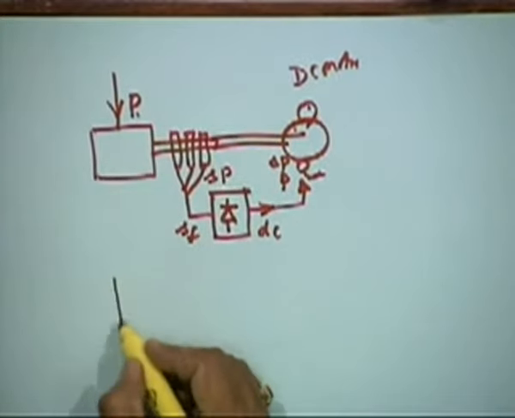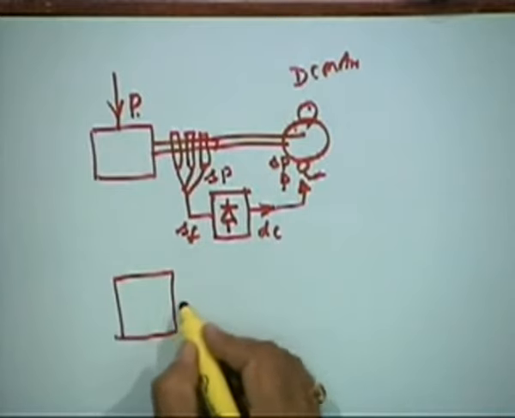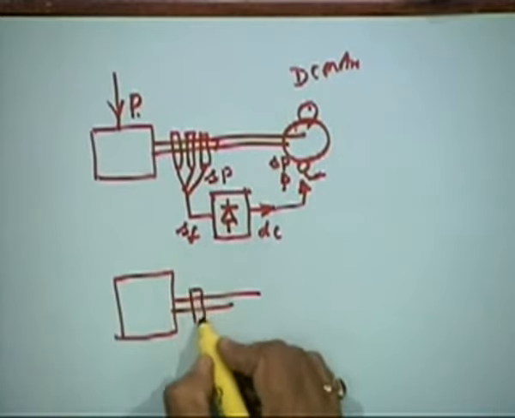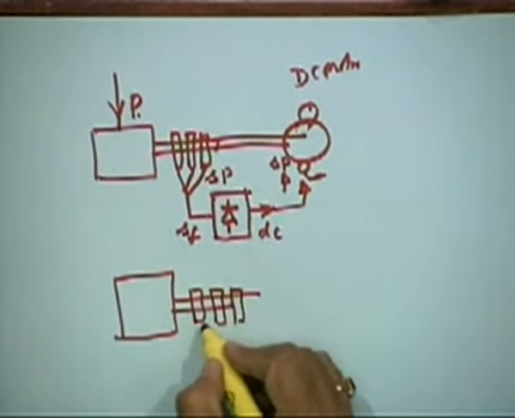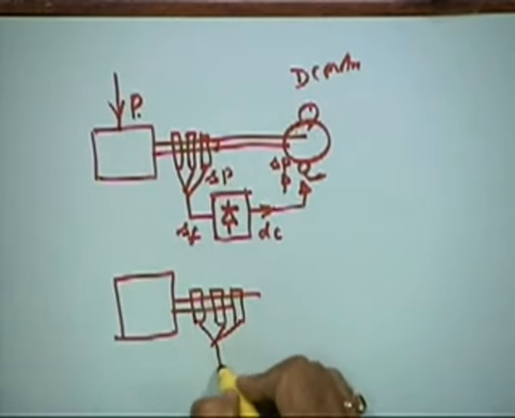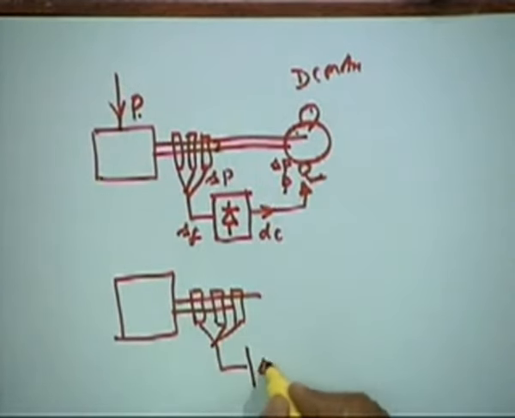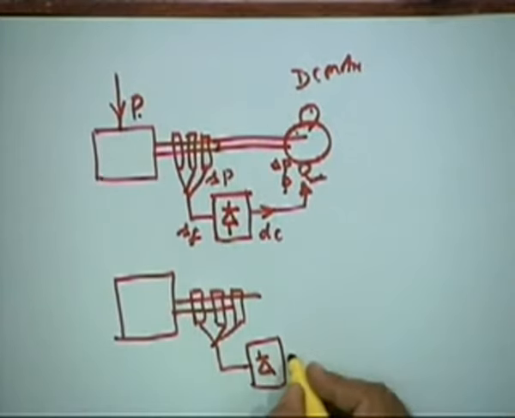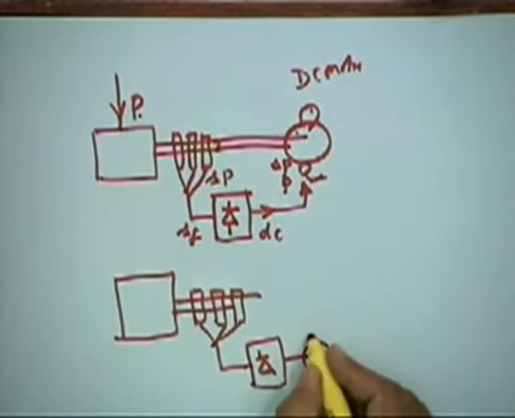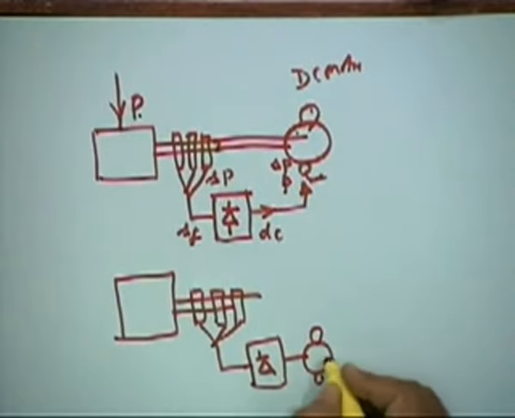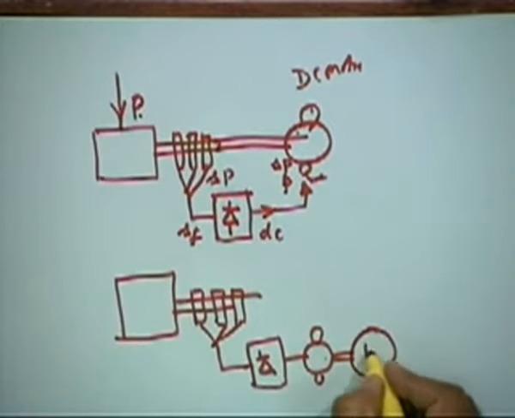Another variant of this: you have a rectifier and a DC machine, and then you connect to an induction generator.